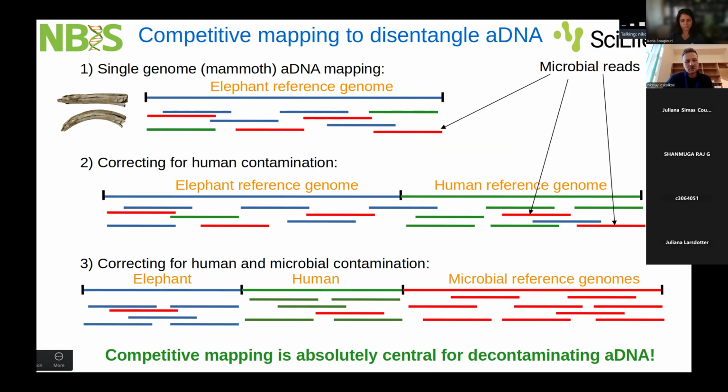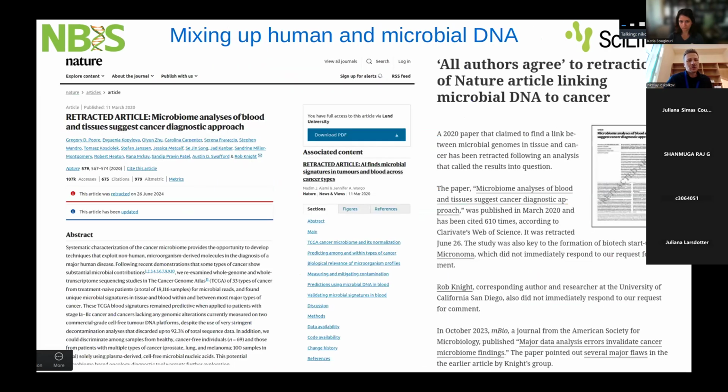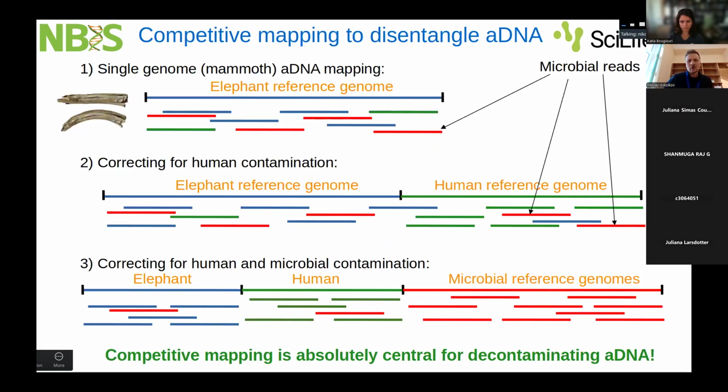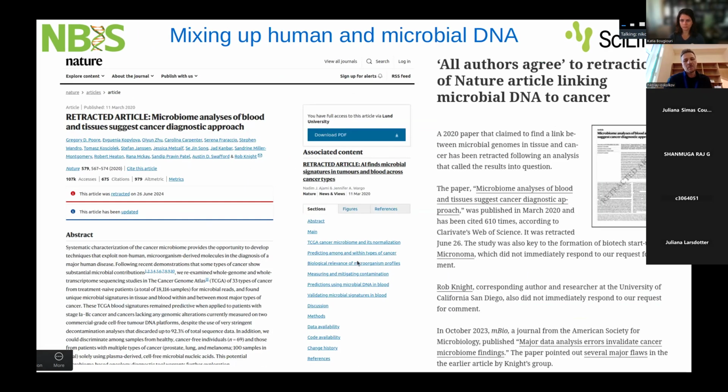Of course, you can do it at your own risk, but there are many examples where it can go very badly. Here I'm giving you one example of a retracted Nature paper. It's not an ancient DNA example, and it's not about mammoth DNA at all, but it's about mixing and confusing different organisms in the same sample.